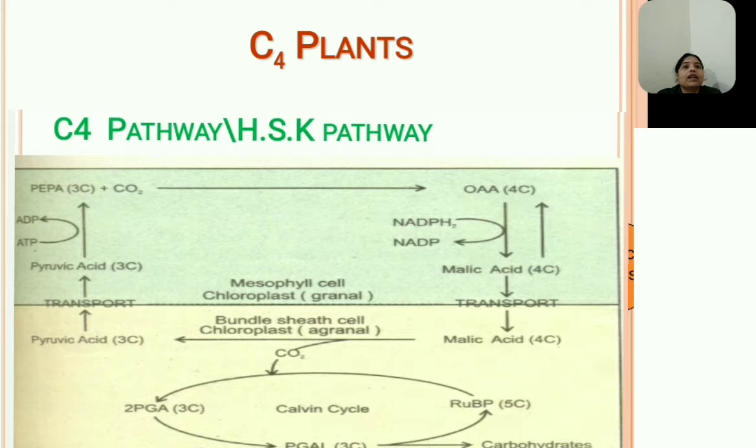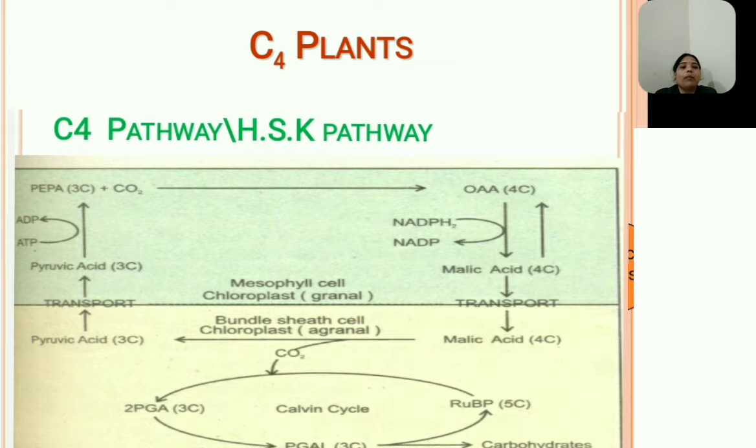So first, in the mesophyll cell, carbon dioxide taken from the atmosphere is accepted by a 3 carbon compound, PEP, in the chloroplast of the mesophyll cell, leading to formation of a 4 carbon compound, that is oxaloacetic acid.